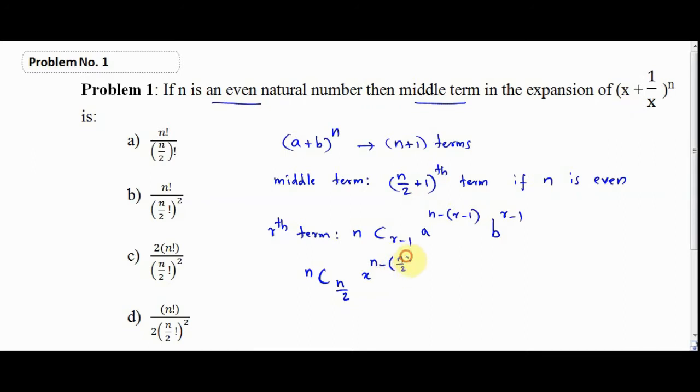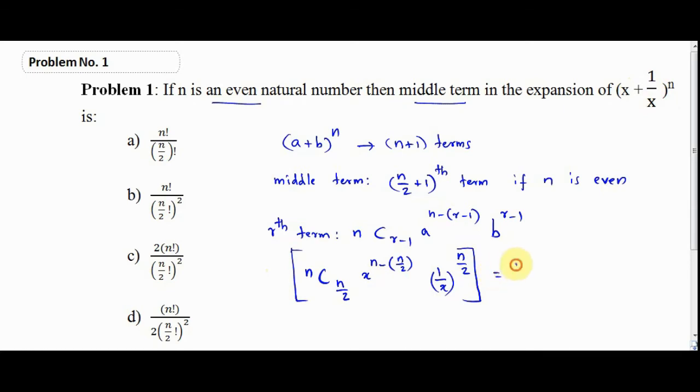So here we will have n/2. Then b^(r-1): in place of b we have 1/x, so (1/x)^(r-1), and in place of r we have n/2 + 1, so that is n/2 itself. So this will be the (n/2 + 1)th term in the expansion (x + 1/x)^n. So let's simplify this.